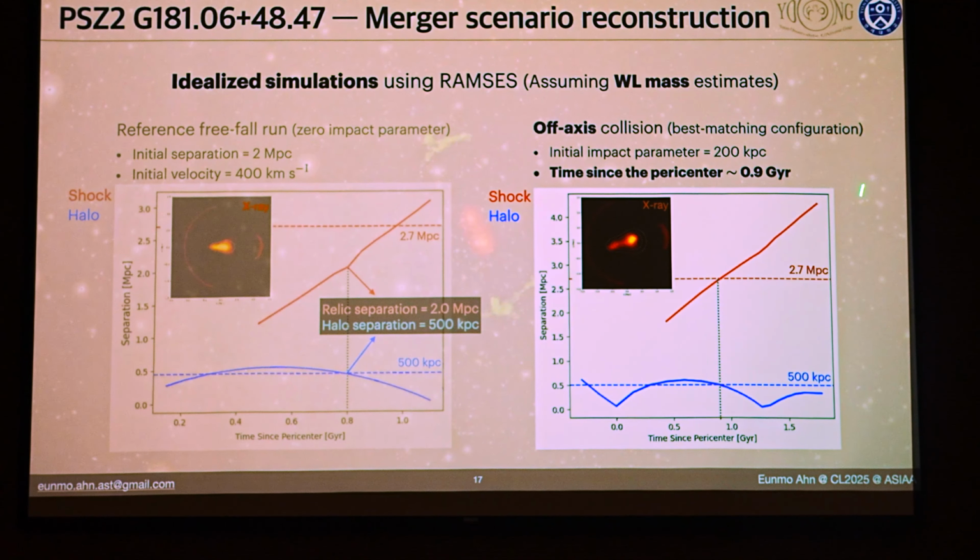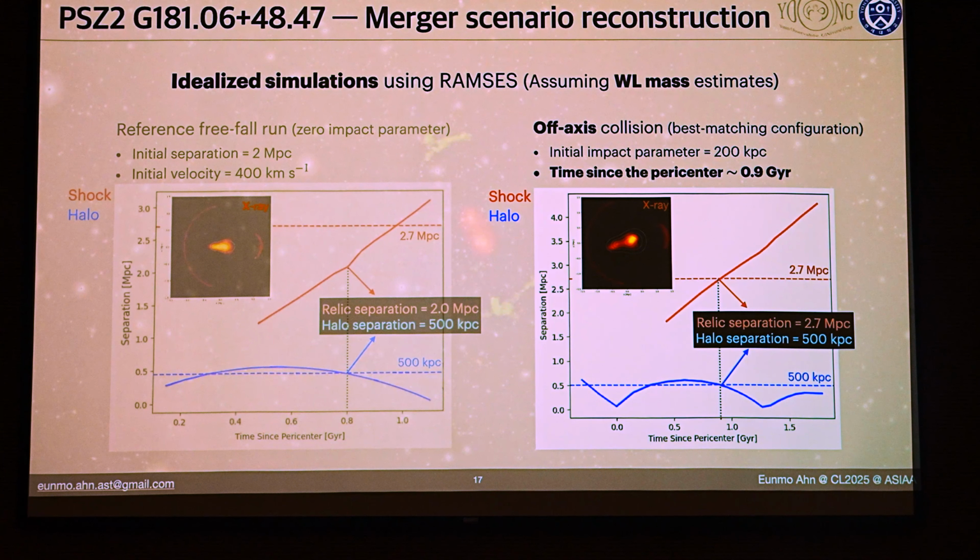So our best matching configuration is an off-axis collision, and in this configuration, the halo separation reaches about 500 kiloparsec at the time since pericenter passage of about 0.9 gigayear, and at that moment, the relic separation also shows the same as the observed shock separation.